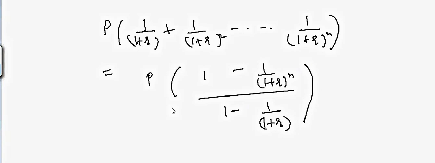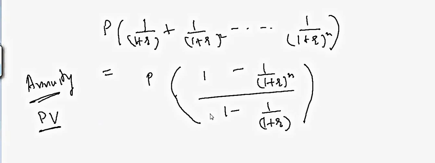So this is how you calculate the annuity. This is your present value. Now we can do many other things. Let's take an example. Now I have defined the annuity, and you make a payment like this: 1, 1, 1, 1, 1 and 1.